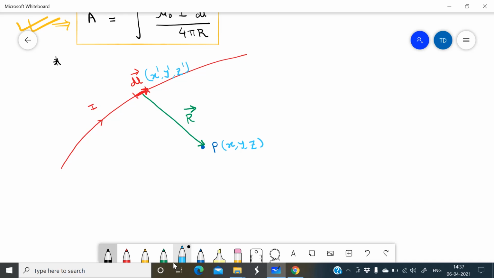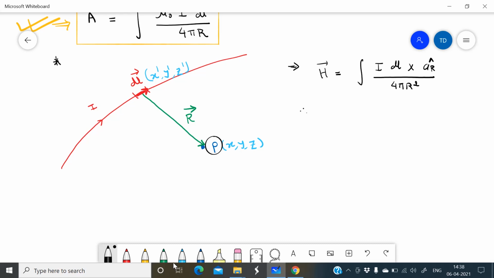According to Biot-Savart's law, the magnetic field intensity at point P due to the whole wire is H vector equals integration of I dl cross AR unit vector upon 4 pi r square.